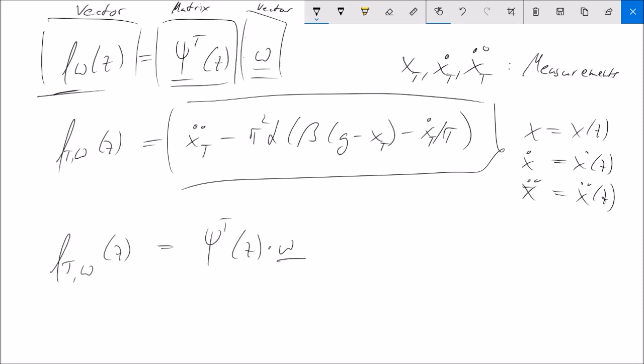And we can now define that as a matrix. And this vector will be a vector of size n by 1, and n is the number of measurement points, the number of measurements.